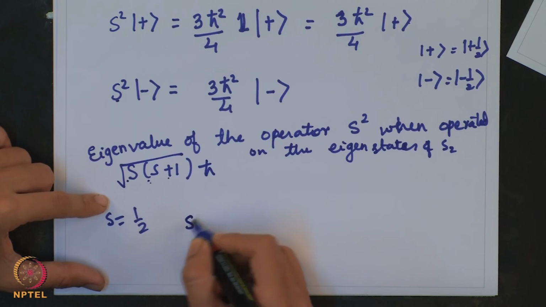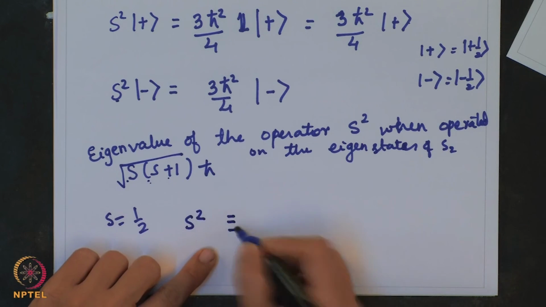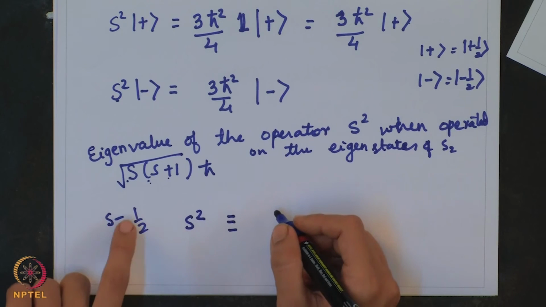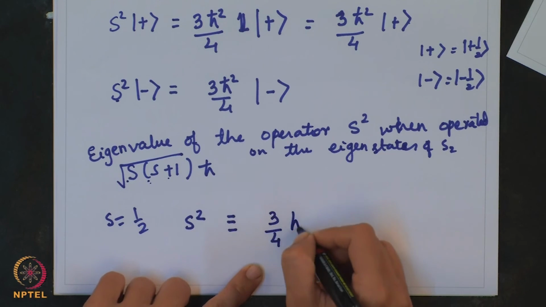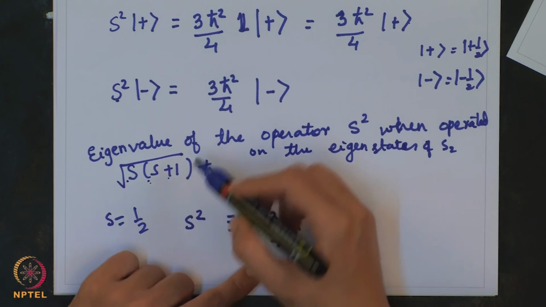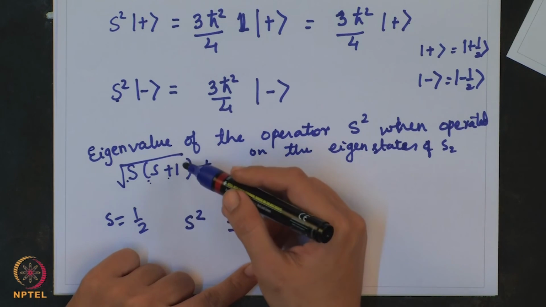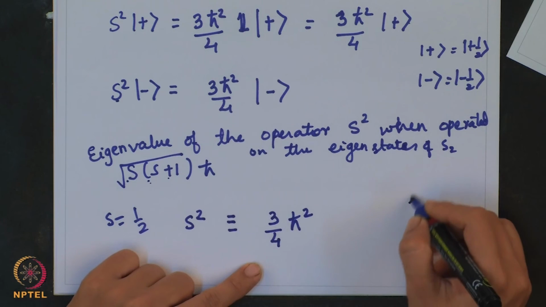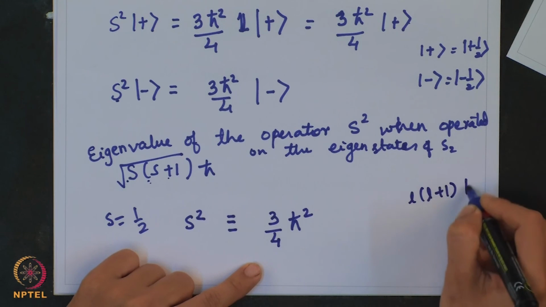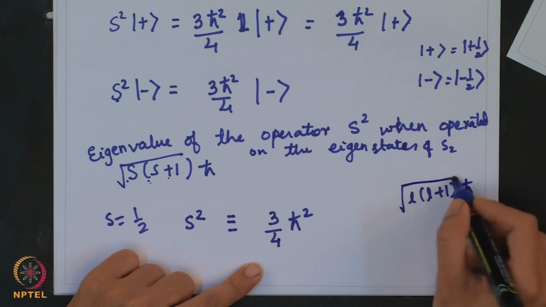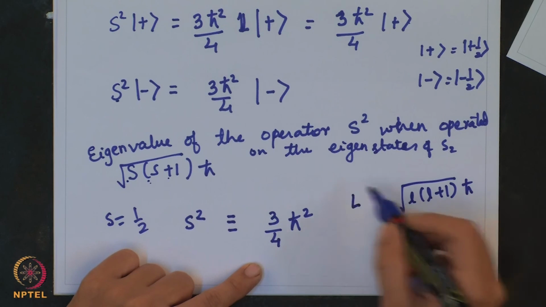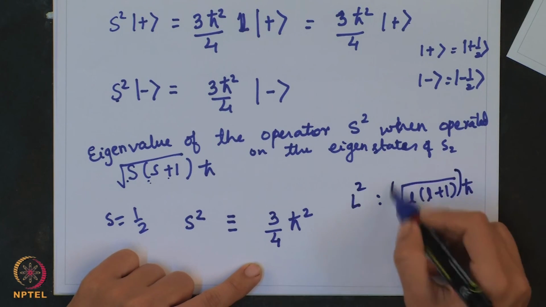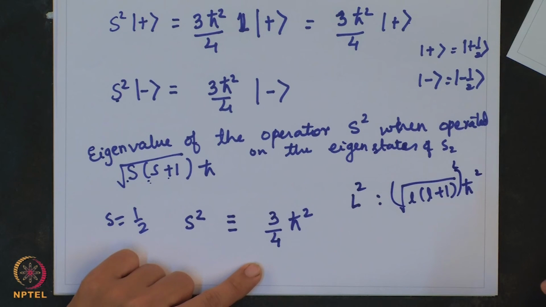So, the eigenvalue of S square corresponds to s is half, half plus 1, which is 3 by 4 ħ square. This you remember, this is the same result as we got for orbital angular momentum, which was the square root of l into l plus 1 times ħ for L. So, L square was the square of this.